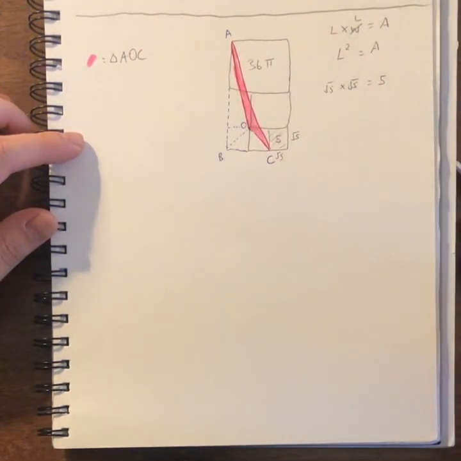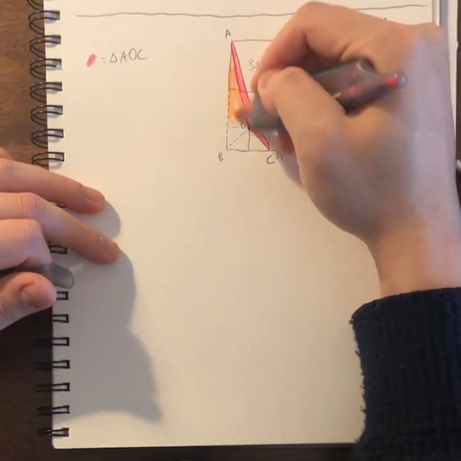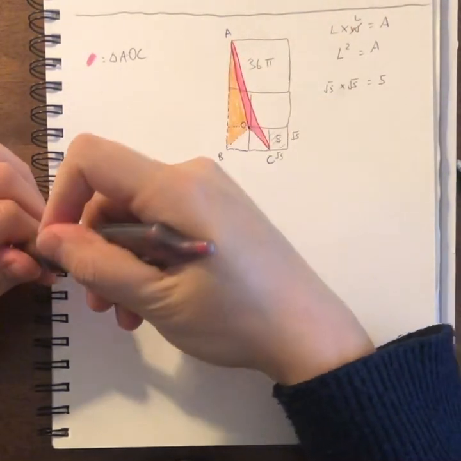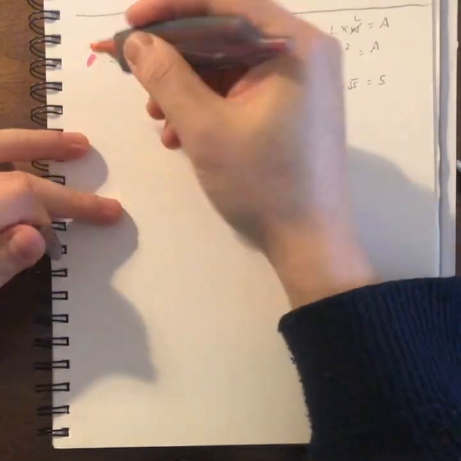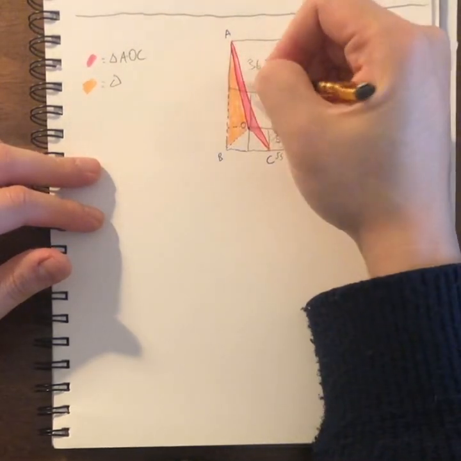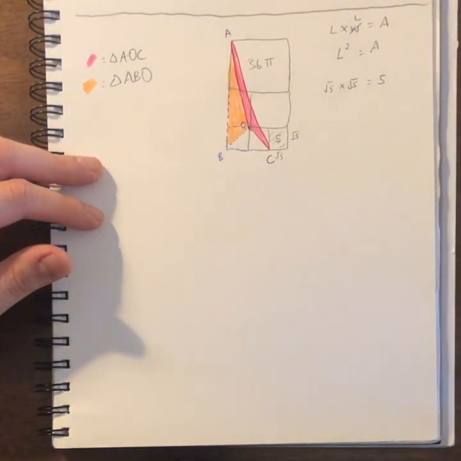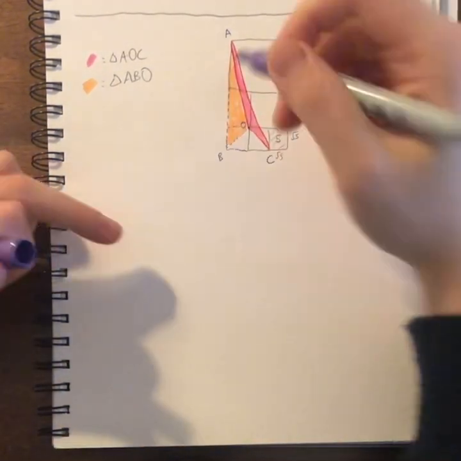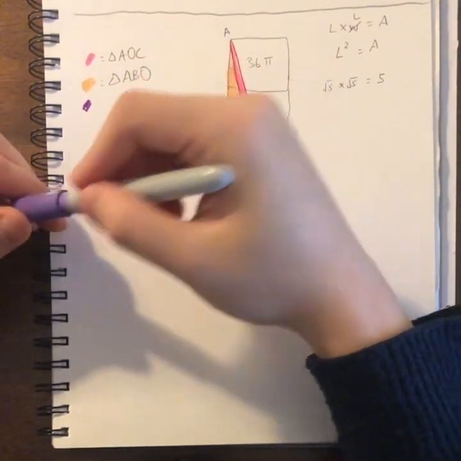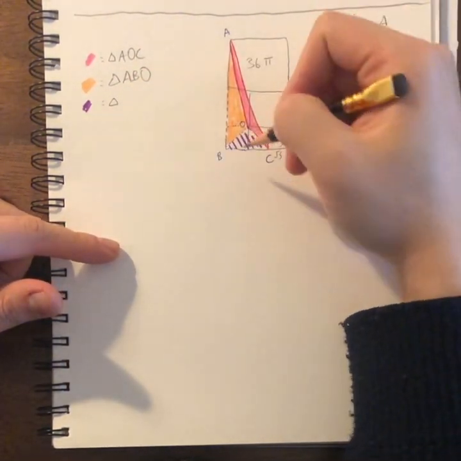Then we'll call this little orange triangle over here triangle ABO. And then I'm going to use the purple one over here. This one here is triangle BCO.